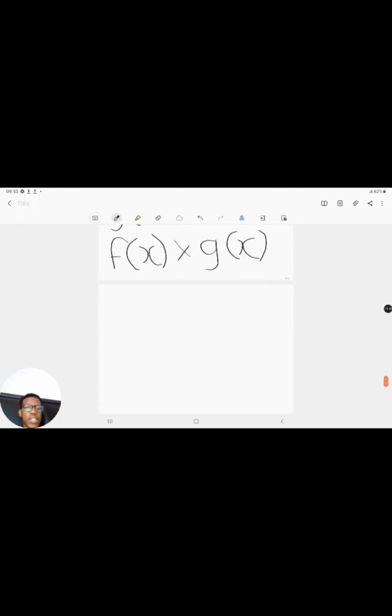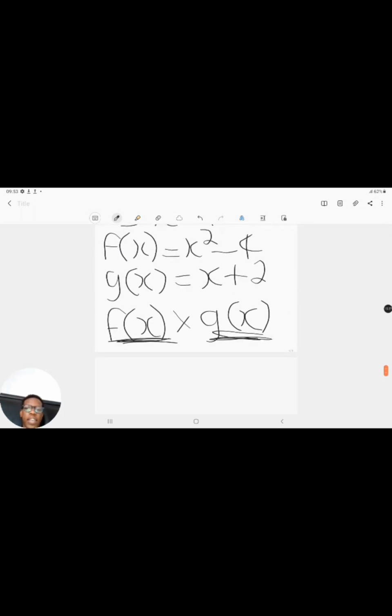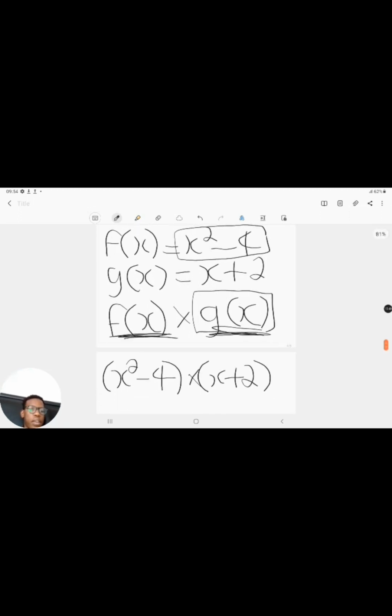Well, all this means is that the expression that makes up f of x should be multiplied by the expression that makes up g of x. Just multiply them together. We know that the expression that makes up f of x is x squared minus 4, so you're going to say x squared minus 4, times the expression that makes up g of x, which is x plus 2. Then you multiply them together and then you solve.